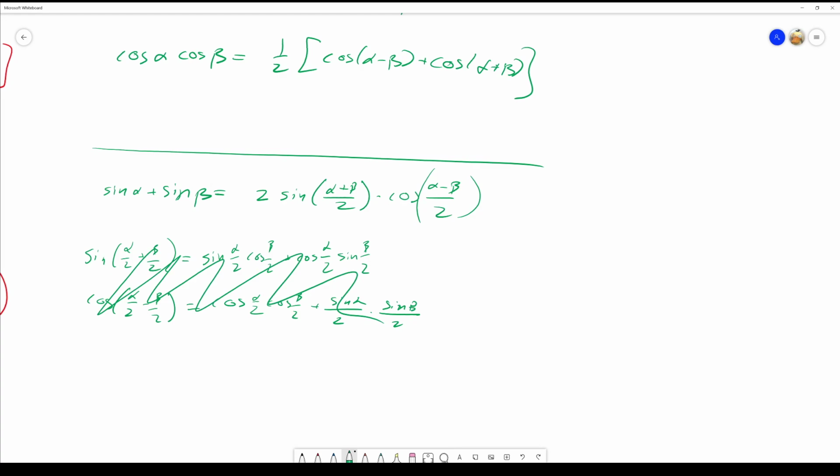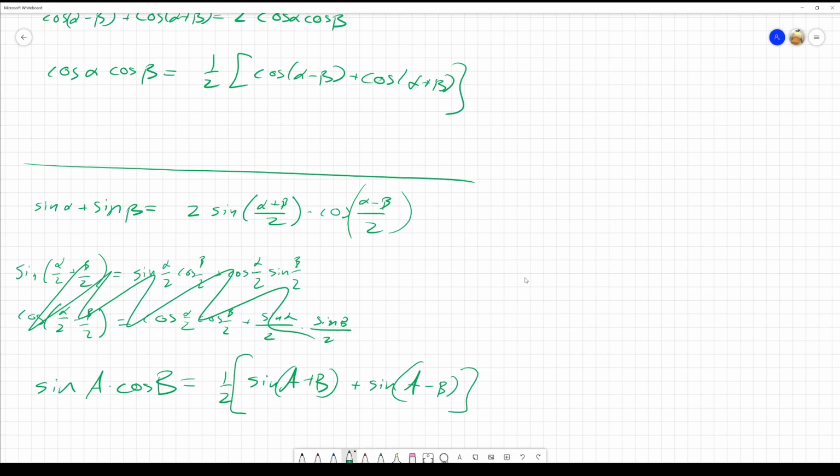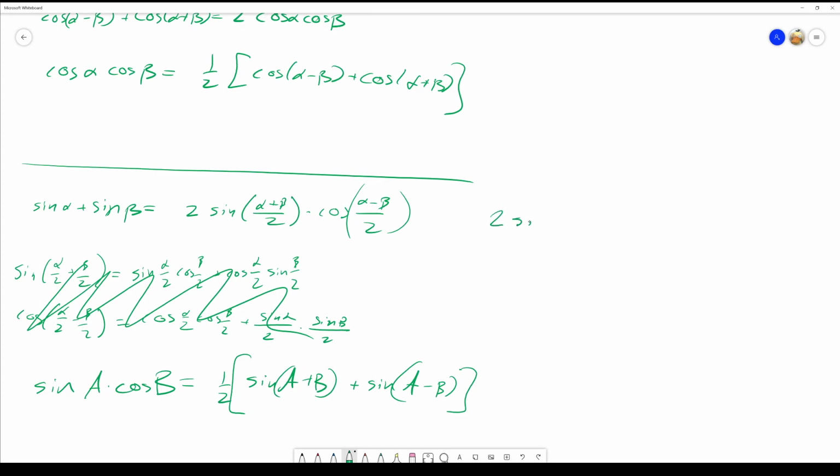All right, so here is how I'm going to figure it out. If you start with the formula sine A times cosine of B equals 1/2 of sine of A plus B plus sine of A minus B, then what I can do is rewrite that as 2 sine A cosine of B is sine of A plus B plus the sine of A minus B. So now, suppose I define A to be alpha plus beta over 2, and I define B to be alpha minus beta over 2.